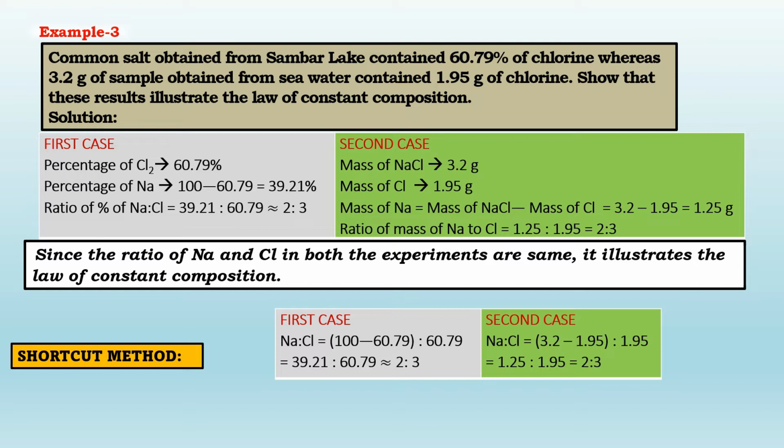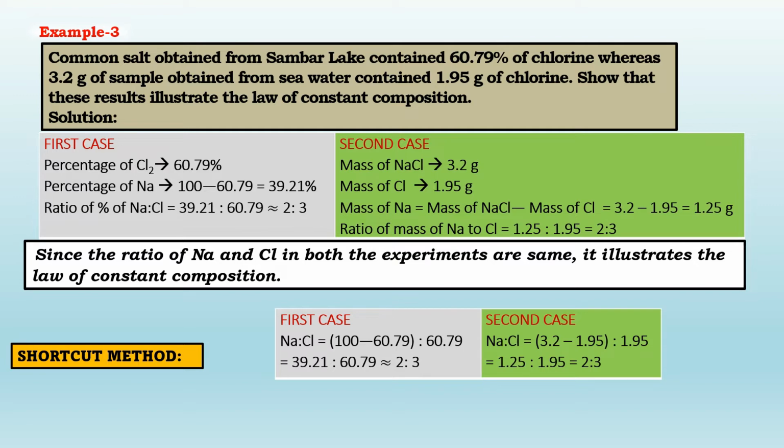Mass of sodium is equal to mass of sodium chloride minus mass of chlorine, that is equal to 3.2 minus 1.95, that is equal to 1.25 gram. Ratio of mass of sodium to chlorine is equal to 1.25 is to 1.95, that is also equivalent to 2 is to 3. Since the ratio of sodium and chlorine in both the experiments are same, it illustrates the law of constant composition.